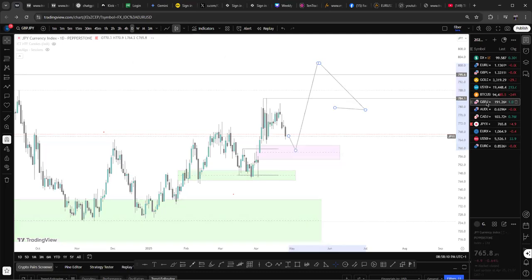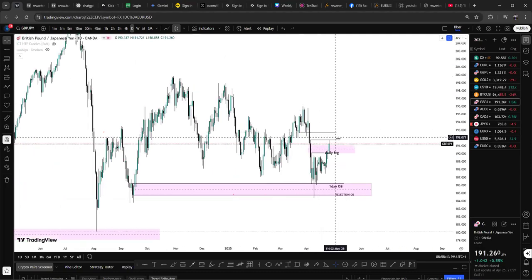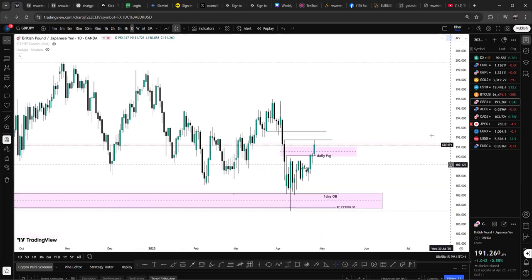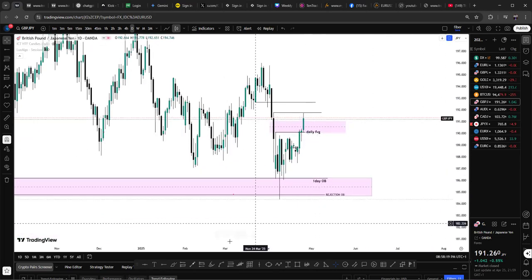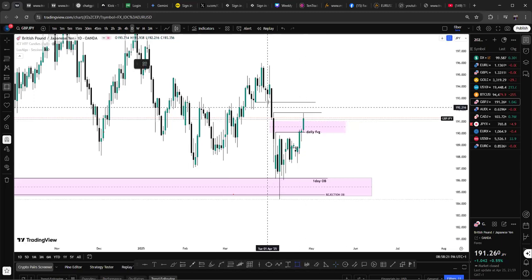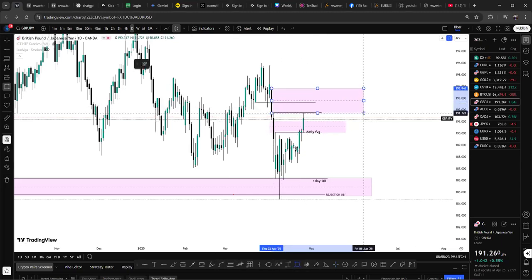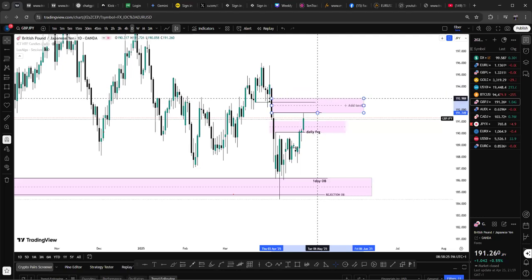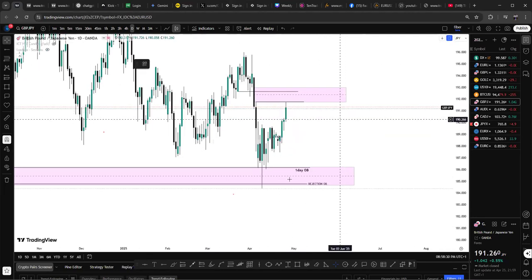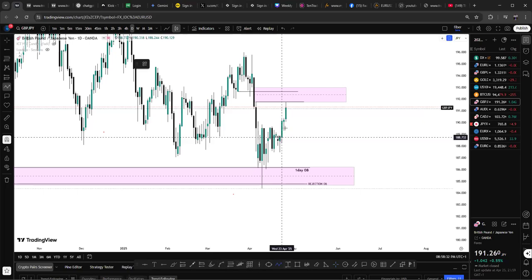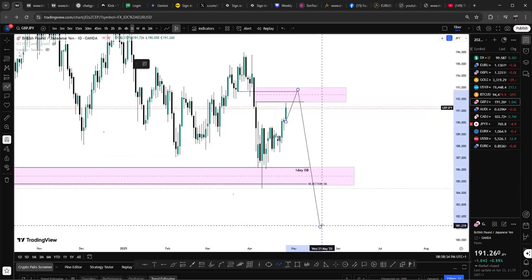And if yen is strengthened, it's going to affect GBP JPY. If yen is strengthened more than pounds, then we're going to be having a sell. And if that sell is to happen, we're going to have it from this fair value gap here. So we can expect some sells back down like that.